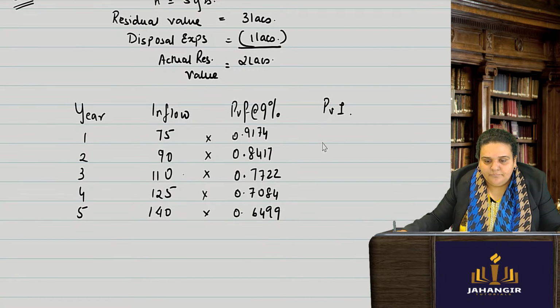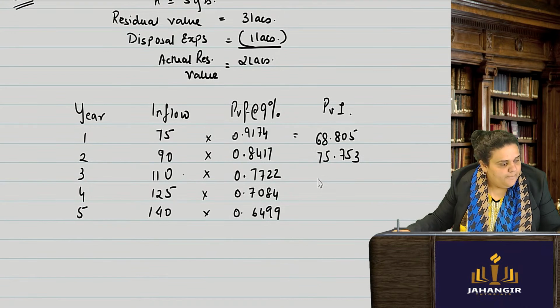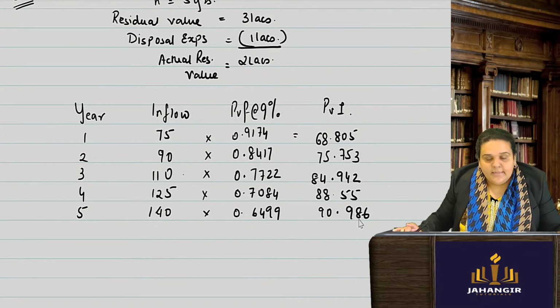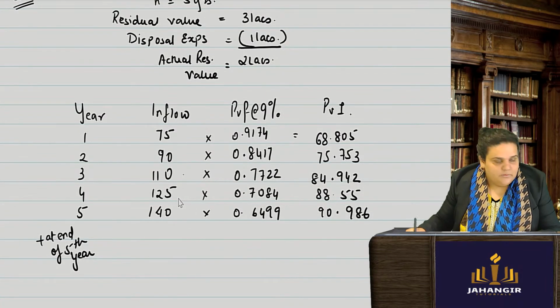PV inflow will be 68.805. This will be 75.753, 84.942, 88.55, 90.986. Okay, but in the last year, at end of fifth year, I have also received another 2 lakhs rupees. Okay, 2 lakhs inflow.